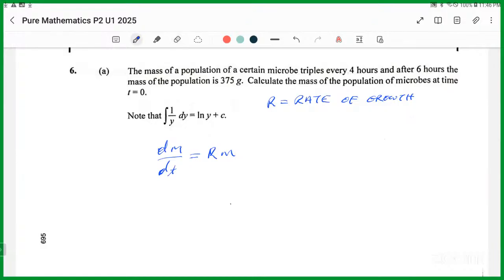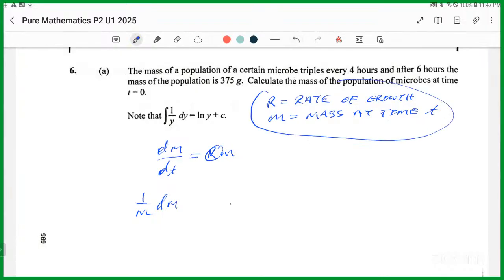So we're going to separate the variables: 1 over m dm, where m is the mass at time t. So we have r, m, and t expressed.